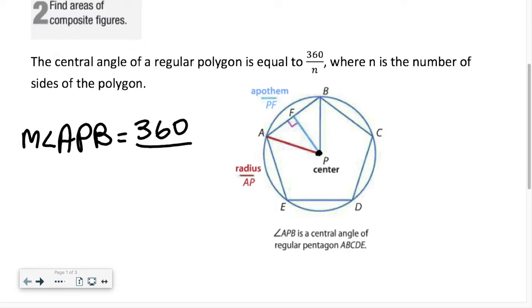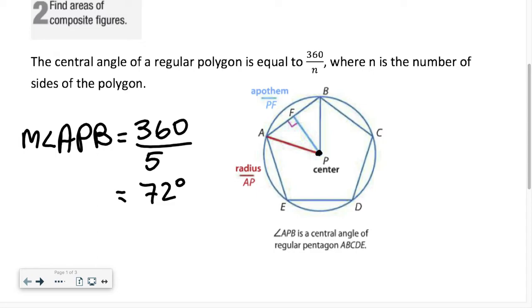This is a 1, 2, 3, 4, 5-sided figure, a pentagon. So the measure of all the central angles of this pentagon would be 72 degrees. That's central angles of regular polygons, again, 360 divided by number of sides.